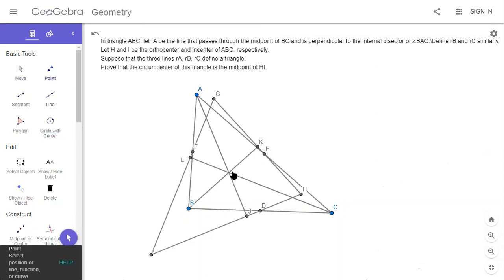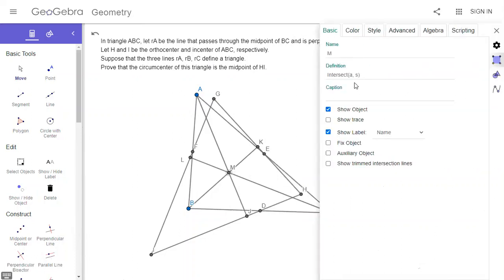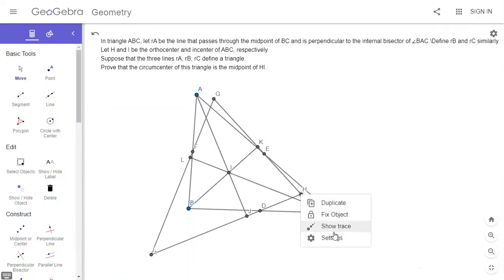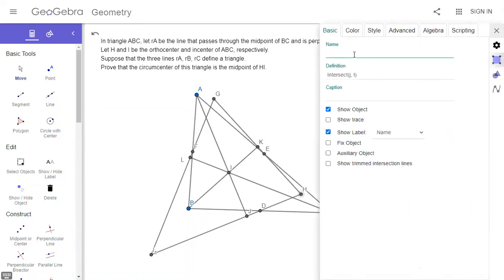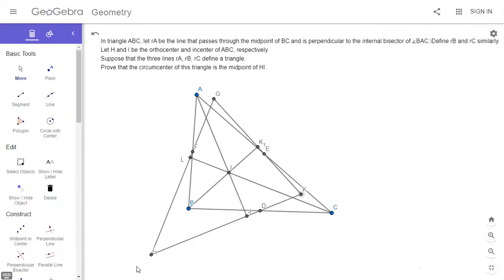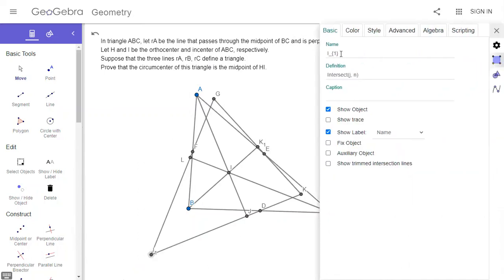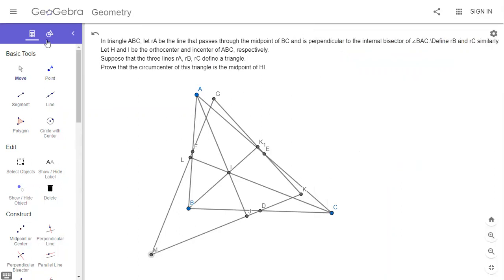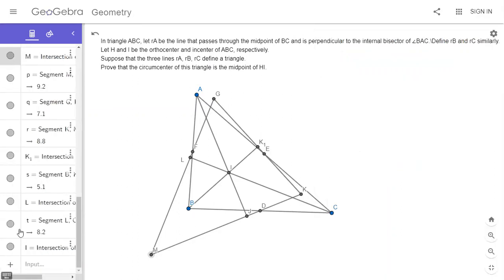Okay, so this is an in-center, I, and then I'm going to draw, let's change this from H to something else. Call K, let's call this M. So there's actually a trick to doing the orthocenter.